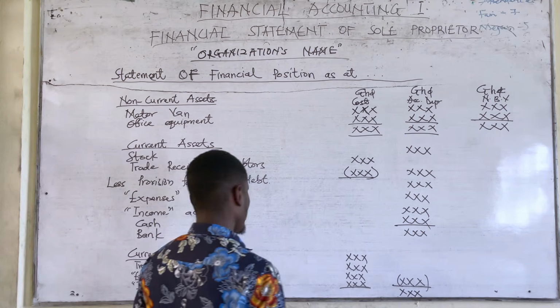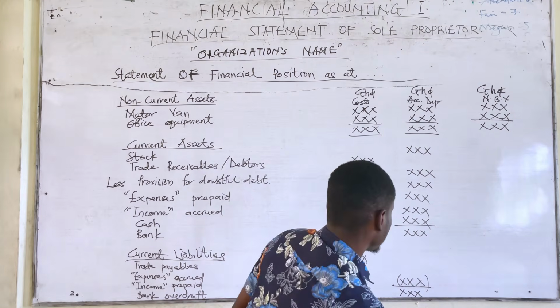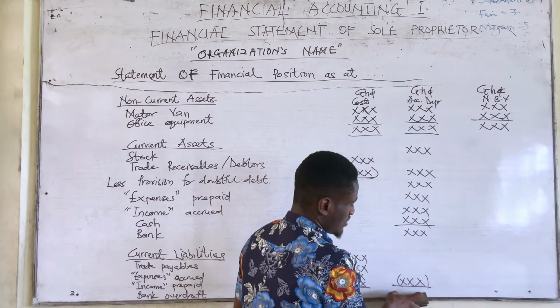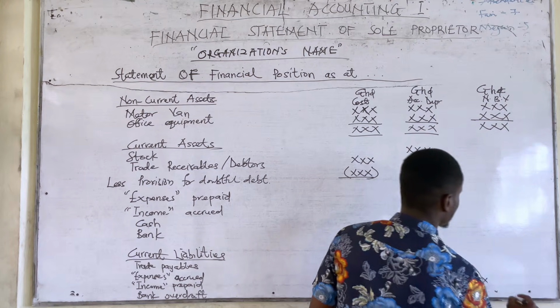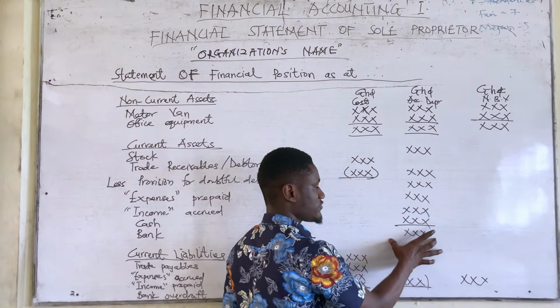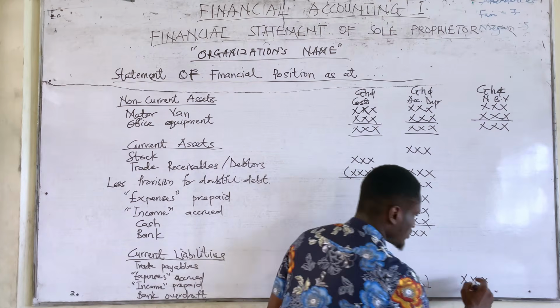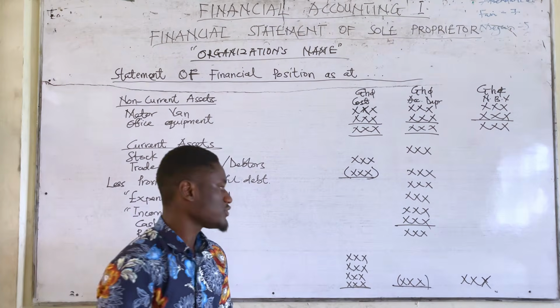Okay. So this is our working capital. But because there's no space, let me just bring it here. Because normally that is how it is. So after subtracting this from this, we show it here. But I wanted you to know that this one we've gotten here is our working capital. You get it? Good.